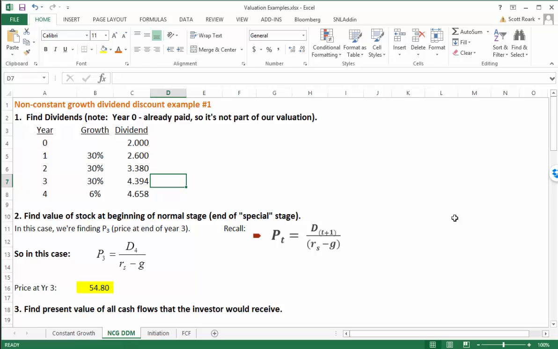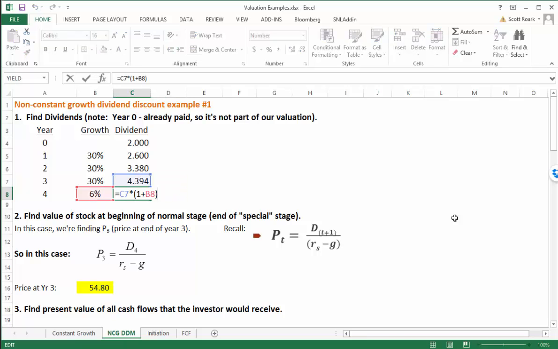So D3 is going to be $4.394. D4, we're going to grow that now by 6%. So we've got all of the dividends figured out in the first stage, and we've also calculated the very first dividend of the normal stage. We're going to need that as we move to the next step in this process.